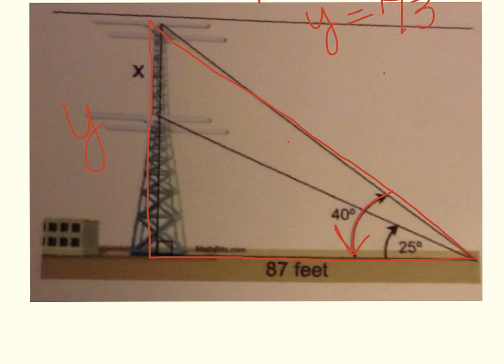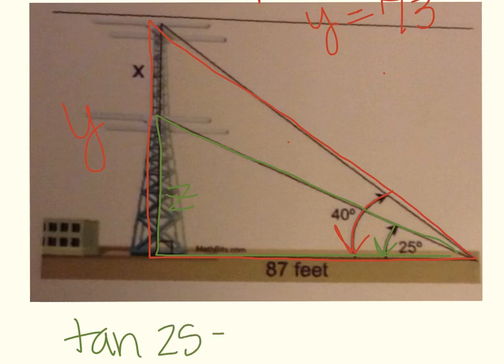Now I want to look at the smaller triangle, and I'm going to outline this in green. For the smaller triangle, I have an angle measure of 25, and we're going to call this missing side z. So for the smaller triangle, I have the tangent of 25, still the opposite over the adjacent, z over 87.